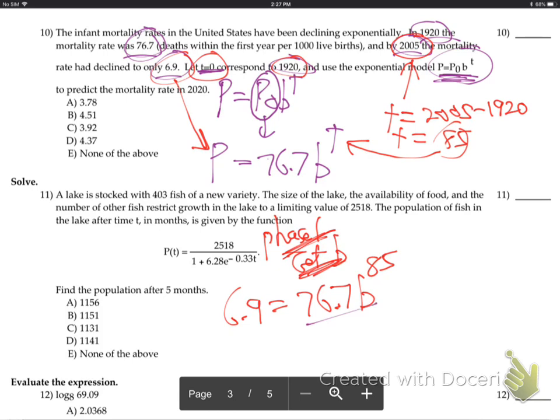Now, how are you at solving that kind of thing for B? What do we do first? We divide by 76.7. And I would just leave that fraction like that. So now I have 6.9 over 76.7 equals B to the 85. Good so far? In fact, I really need a fresh screen here. This is number 10.